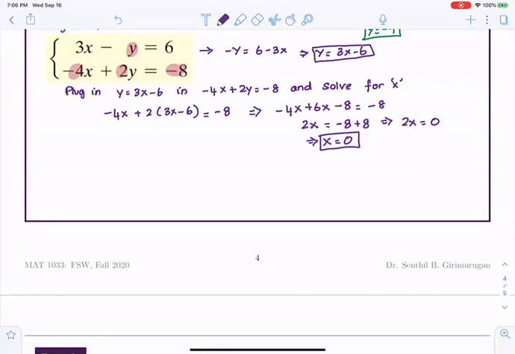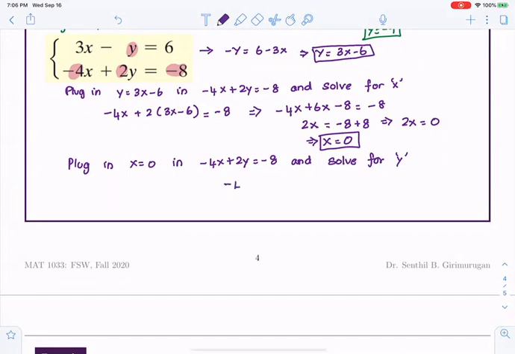So we have minus, let me write that. I made a mistake here.